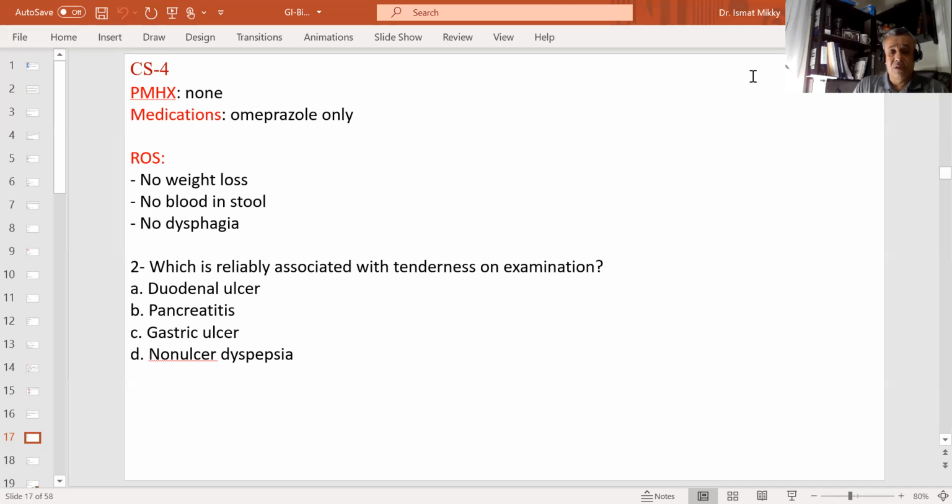Which is reliably associated with tenderness on examination? B, pancreatitis. Only pancreatitis is routinely associated with epigastric tenderness. Ulcer disease is tender only about 10% of the time.